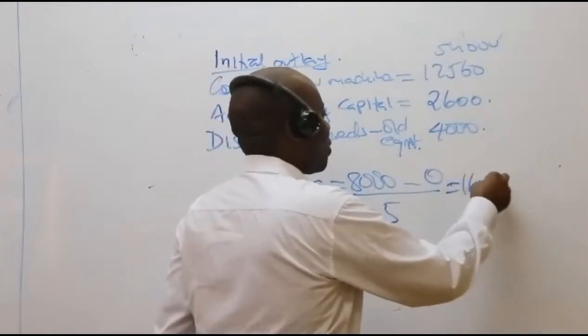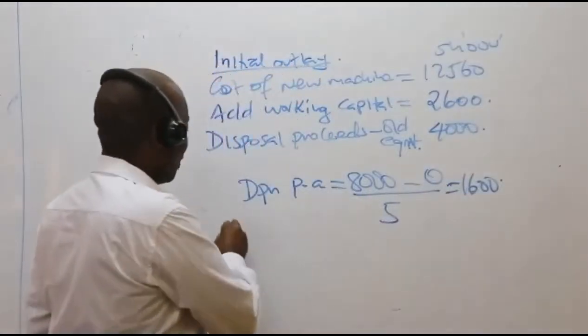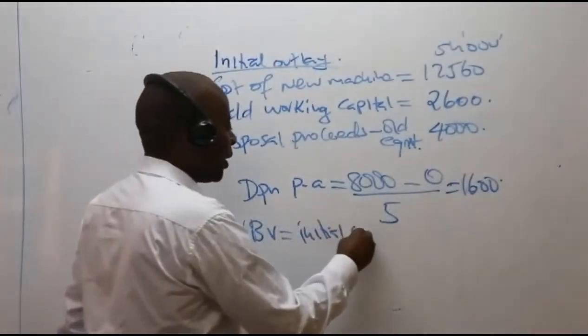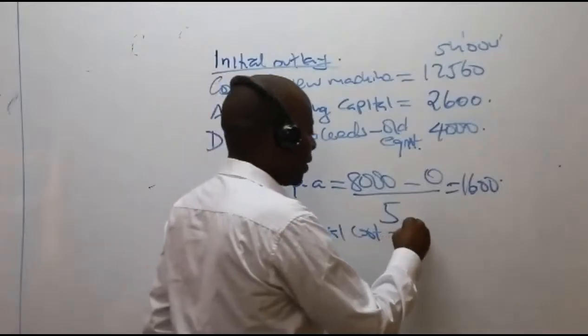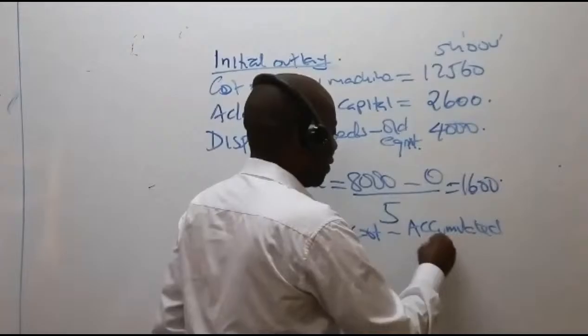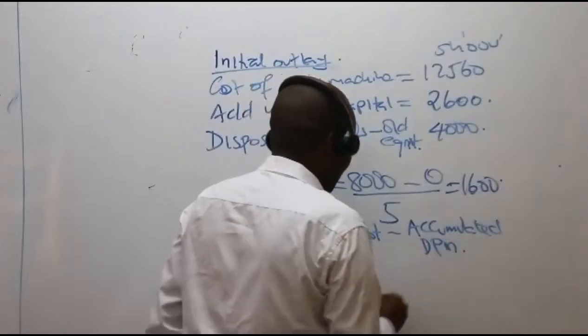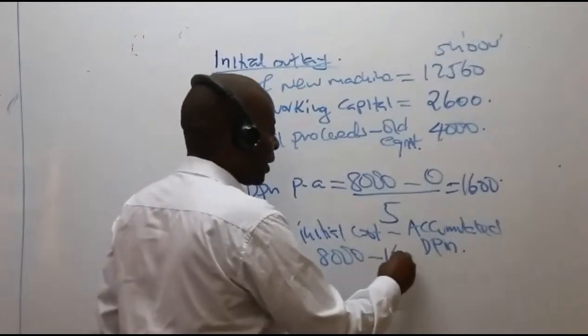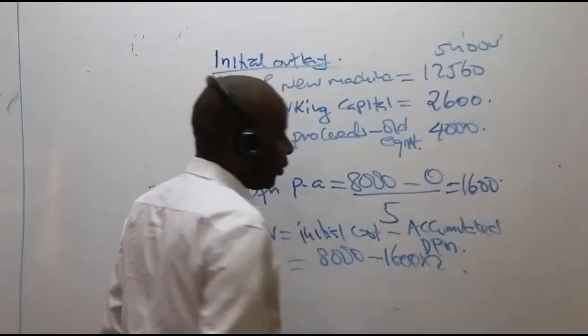1,600. So how do we get net book value? To get net book value, we normally take the initial cost minus accumulated depreciation. So the initial purchase cost here is 8,000. Accumulated will be 1,600 times 2, for the 2 years we have been with this machine.